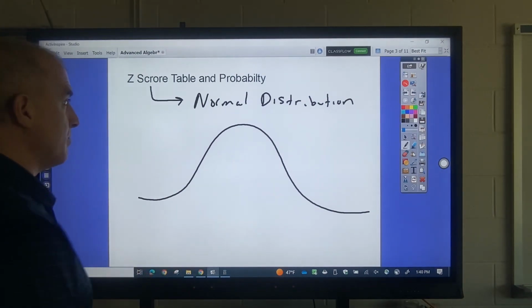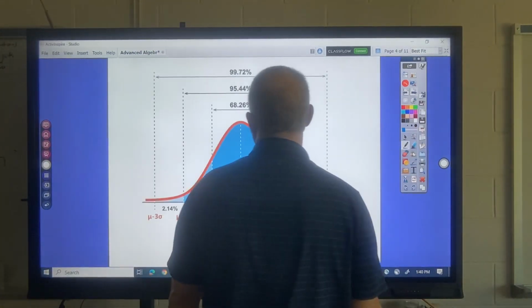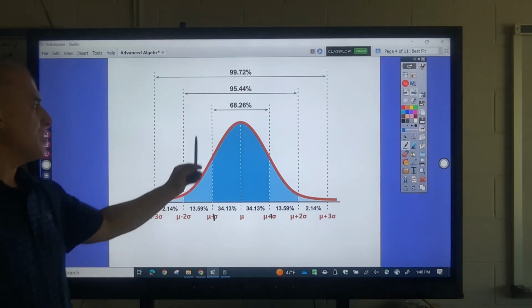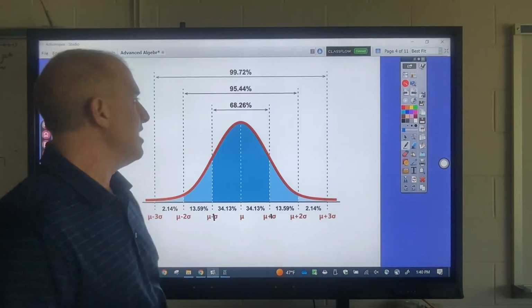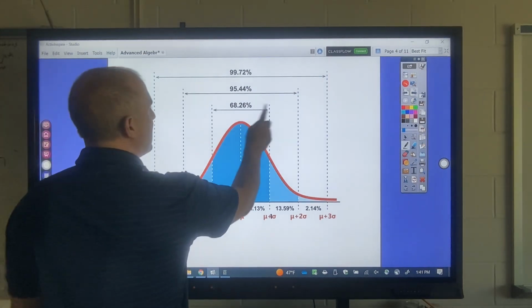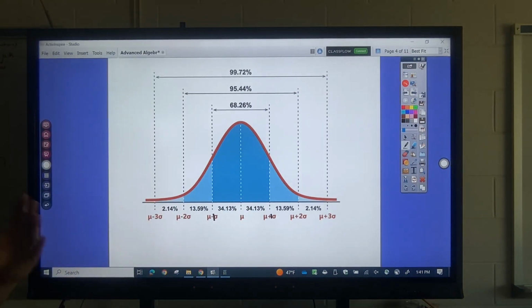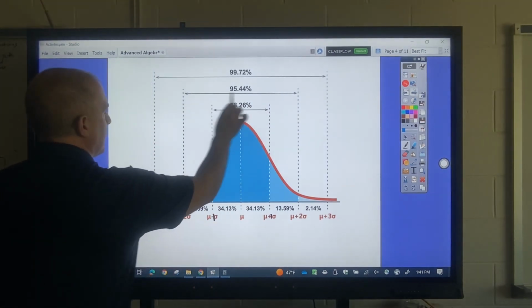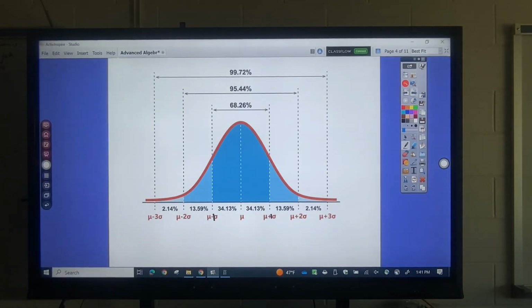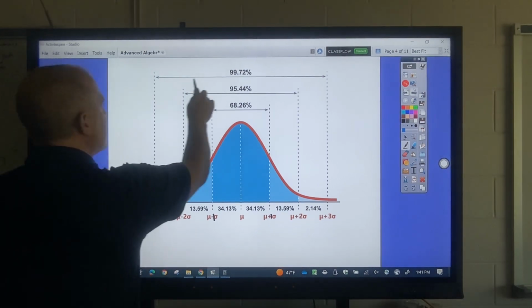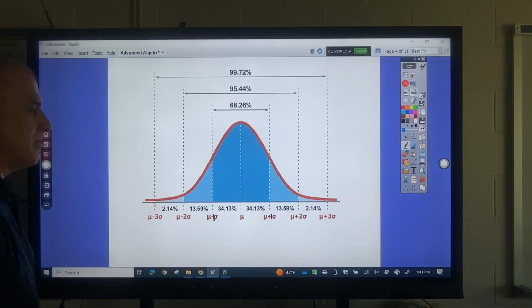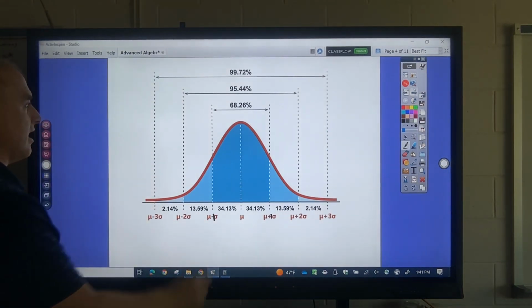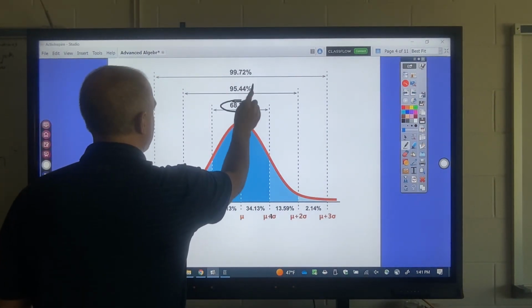Within one standard deviation, about 68% of the time your data will be in there. Within 2 standard deviations is 95.44%, and within 3 standard deviations is 99.72%. Things outside are really outliers.